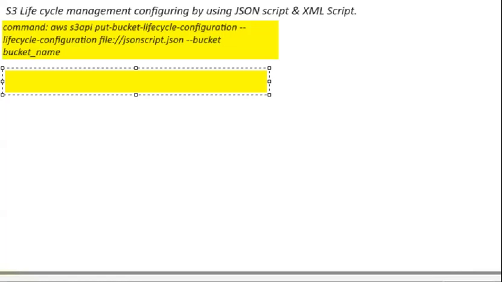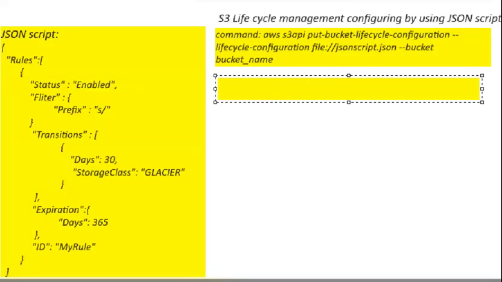Now you have written the JSON script that is required to create your lifecycle. How to execute this? In order to execute this, open your CLI and type this: aws s3api put-bucket-lifecycle-configuration --lifecycle-configuration, followed by the file. You need to specify the path where the file is present, and then the bucket name.